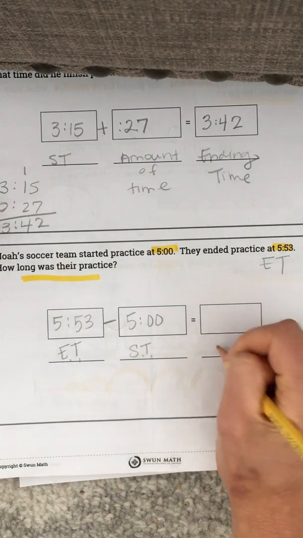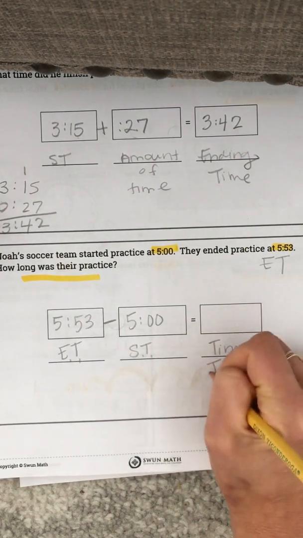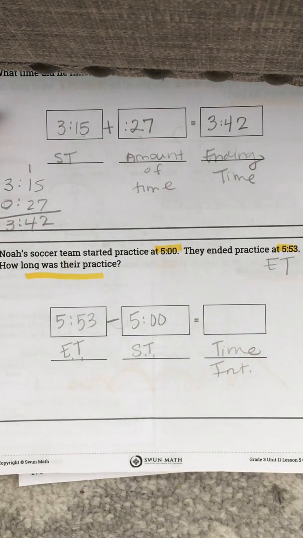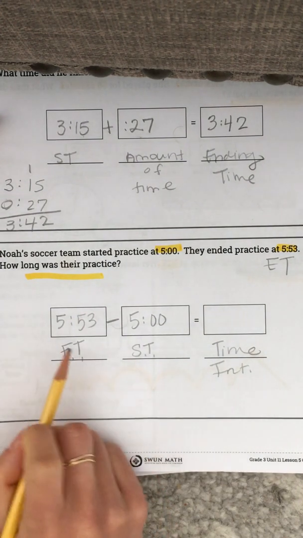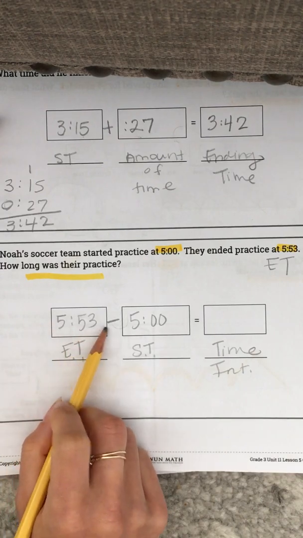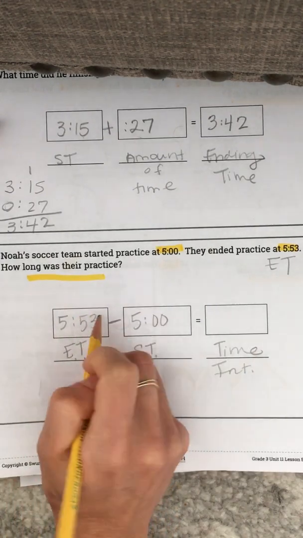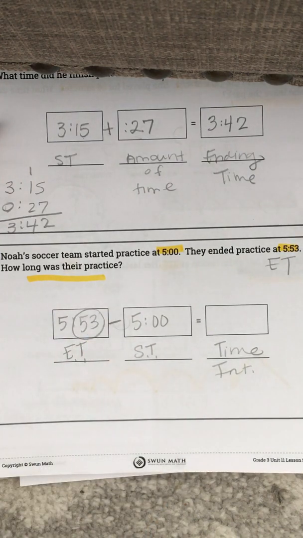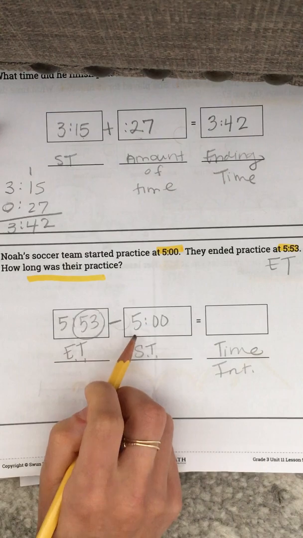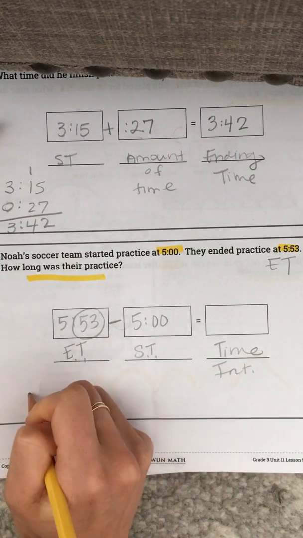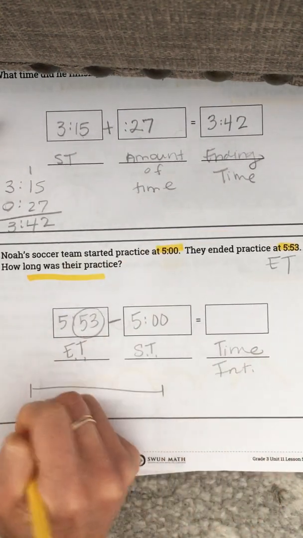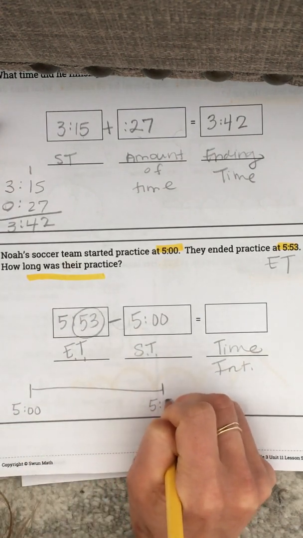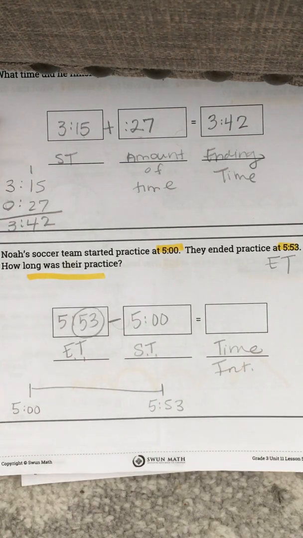And then I want to know my time interval, how long this practice was. Well, I see something easy here. I basically have 5:53 minus 5 o'clock. I have 53 minutes. If he started practice at 5 and he ended at 5:53, how long was that?